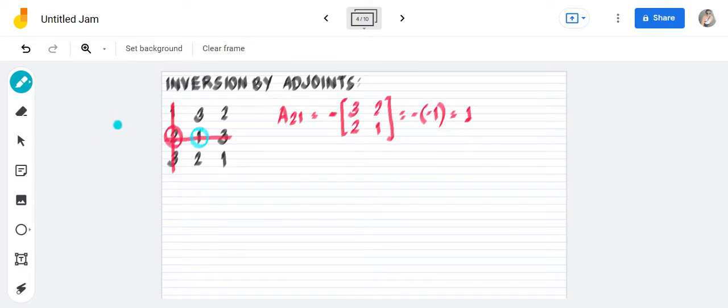Next we have element A22, it's positive.